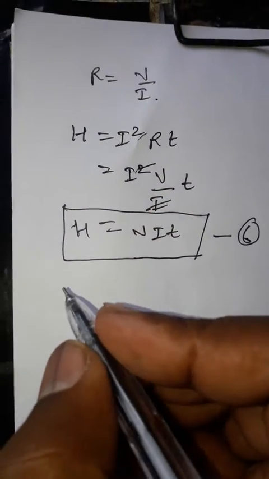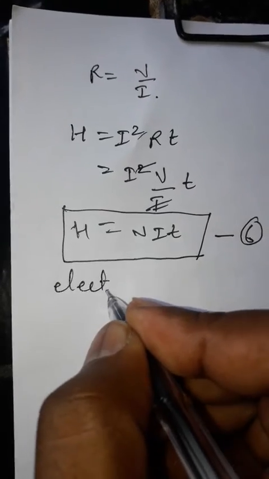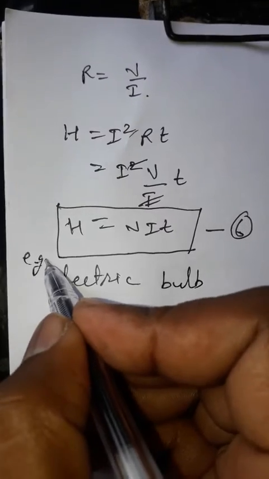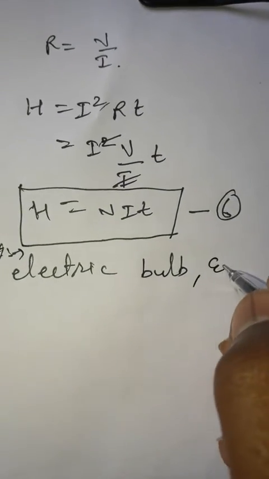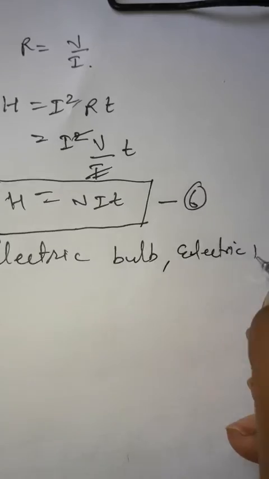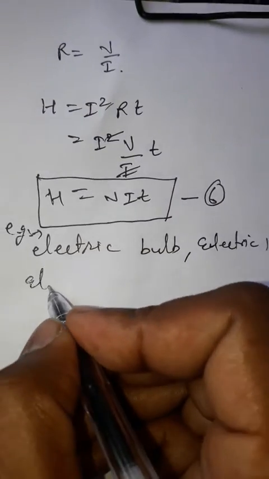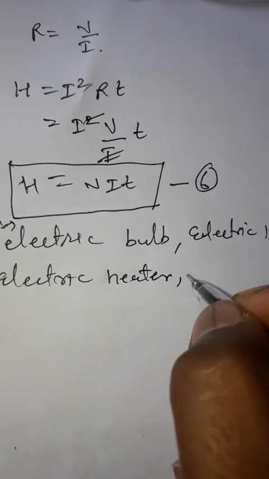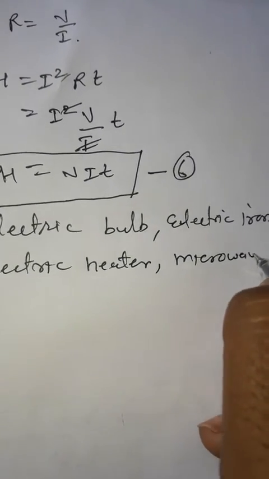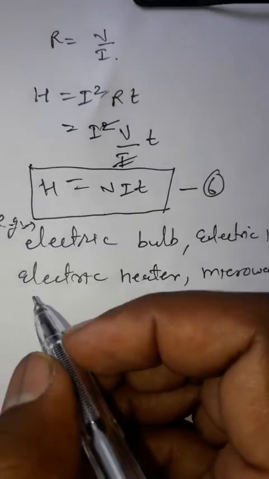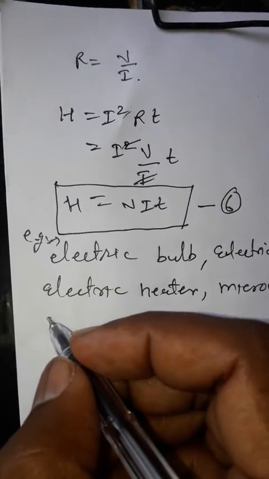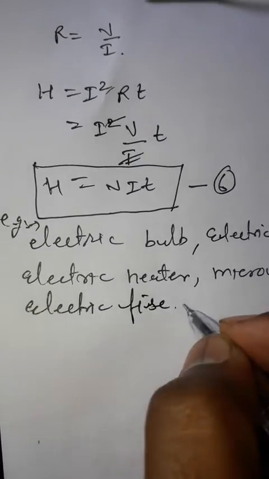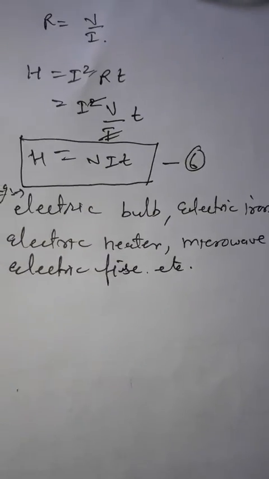These devices are, first, an electric bulb, next an electric iron, an electric heater, a microwave oven, and an electric fuse, etc. All these are the devices.